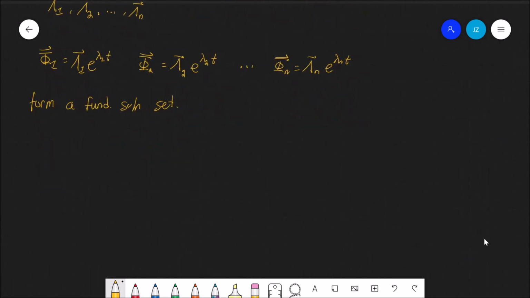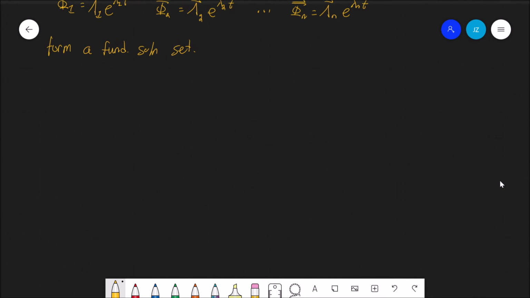So to see this, let's consider the system dx/dt is equal to negative 4x plus y plus z, dy/dt is equal to x plus 5y minus z, and dz/dt is equal to y minus 3z.